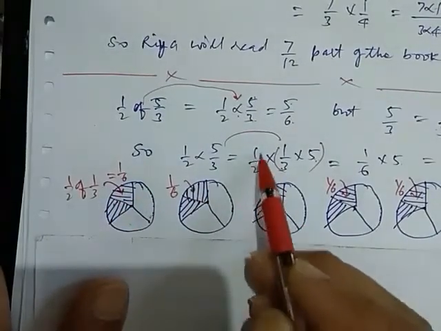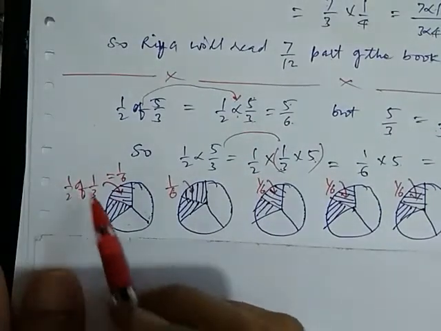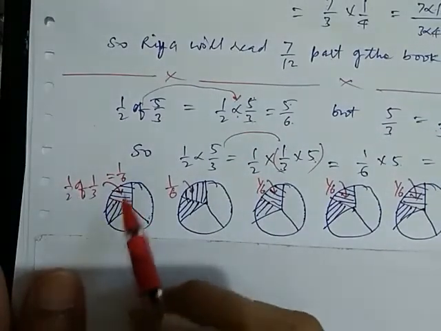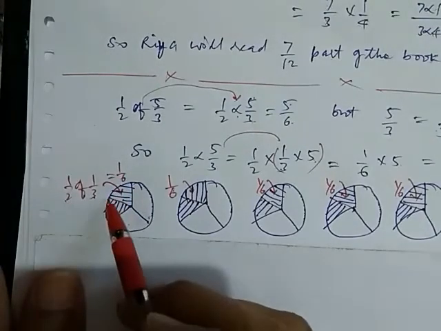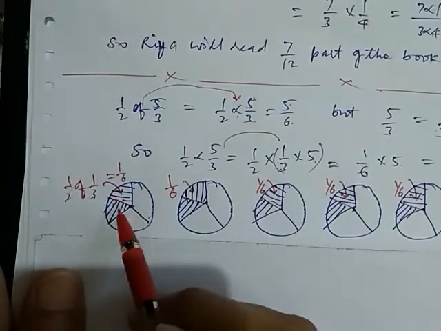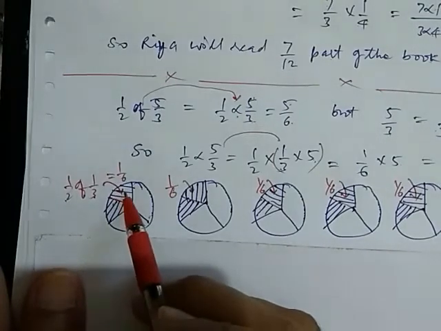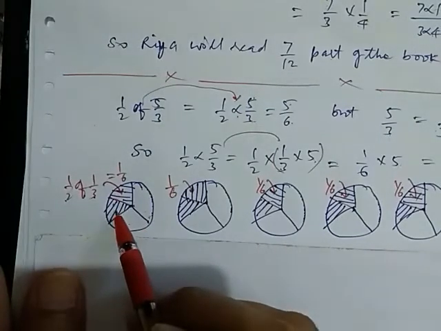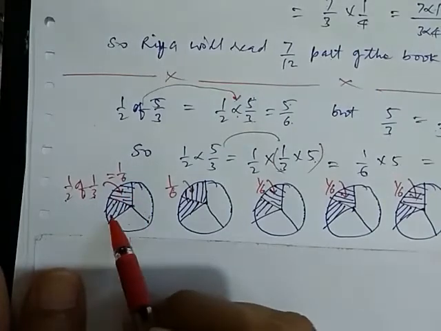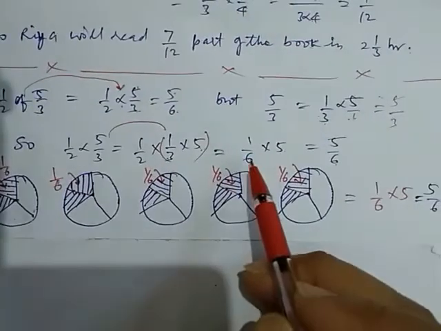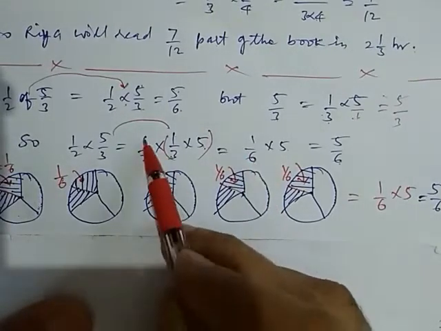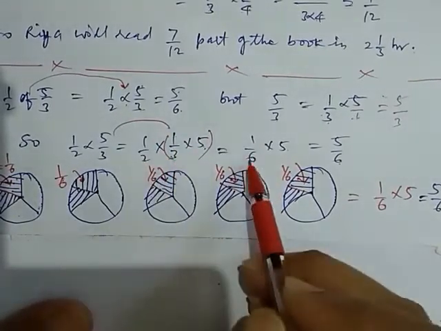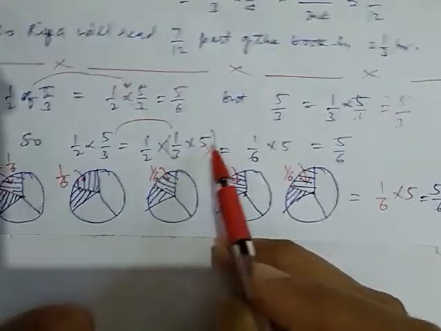And then we make half of 1 by 3. This single shaded part is 1 by 3 and we make half by drawing this line. So this becomes 1 by 6 and 1 by 6. Both the parts are 1 by 6 and 1 by 6. As we see clearly here, 1 by 2 of 1 by 3 means 1 by 6, and 5 parts of such.